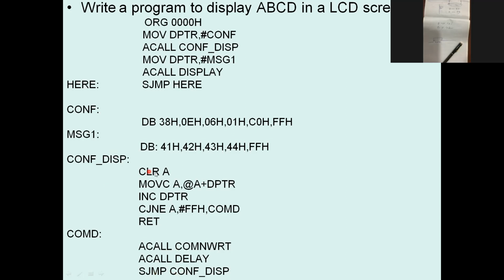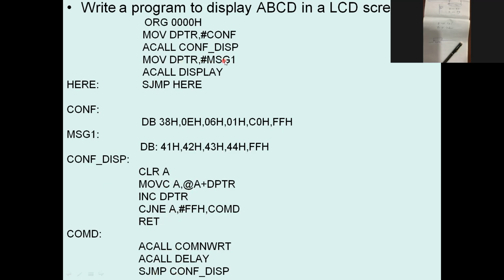Accumulator will be 0, and now DPTR is pointing to 0E, so 0E comes into the accumulator. Similarly, 0E will be transferred. When FF comes, it is equal, so there is no jump. Then return means return to the main program.